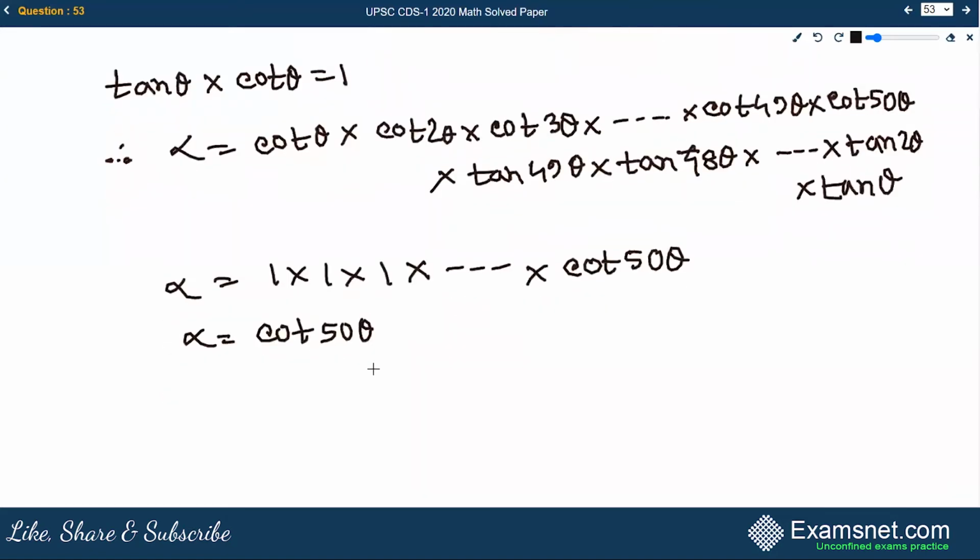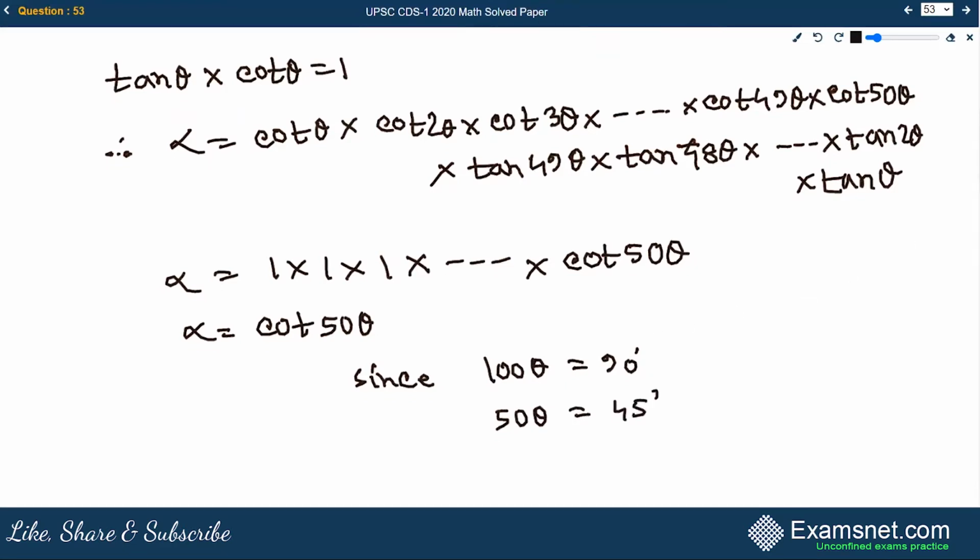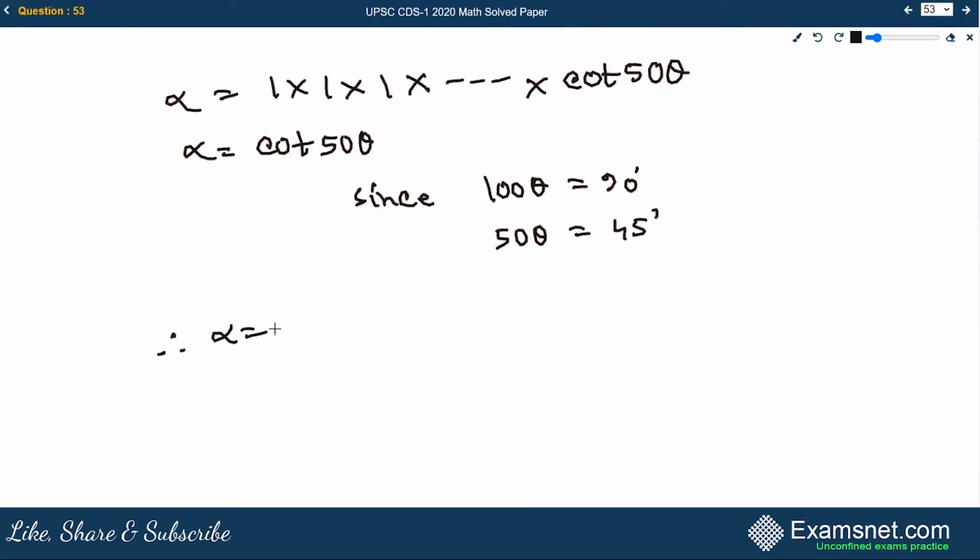Now, since it is given that 100 theta equals 90 degree, 50 theta equals 45 degree. So alpha equals cot 45 degree, which results in 1.